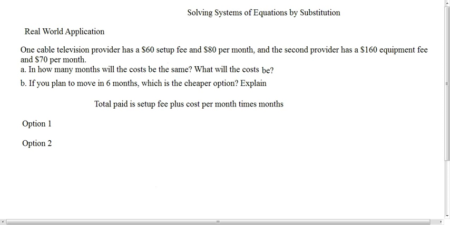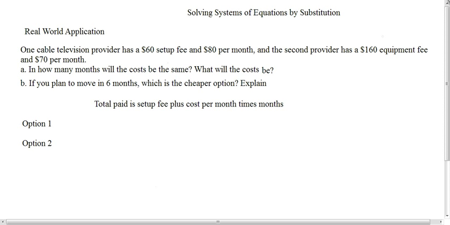Okay, so let's take a comparison here with cable providers. We have one cable television provider that we won't name, which has a $60 setup fee and $80 per month. And the second provider has a $160 equipment fee and $70 per month.